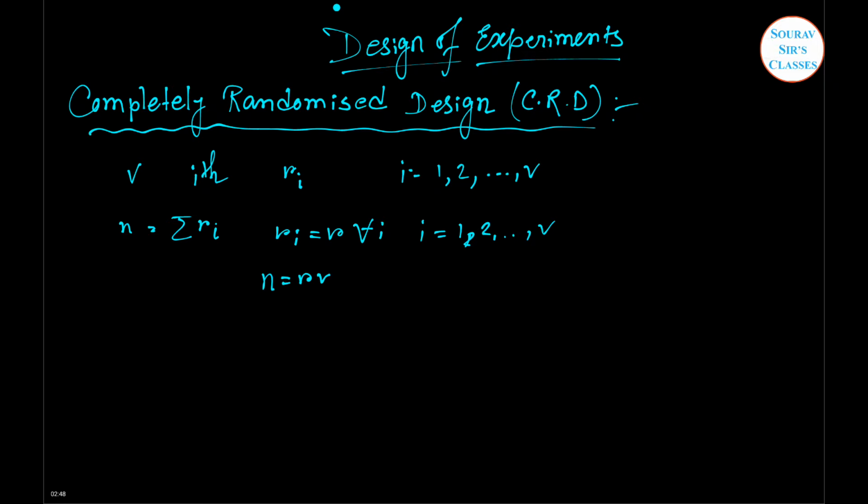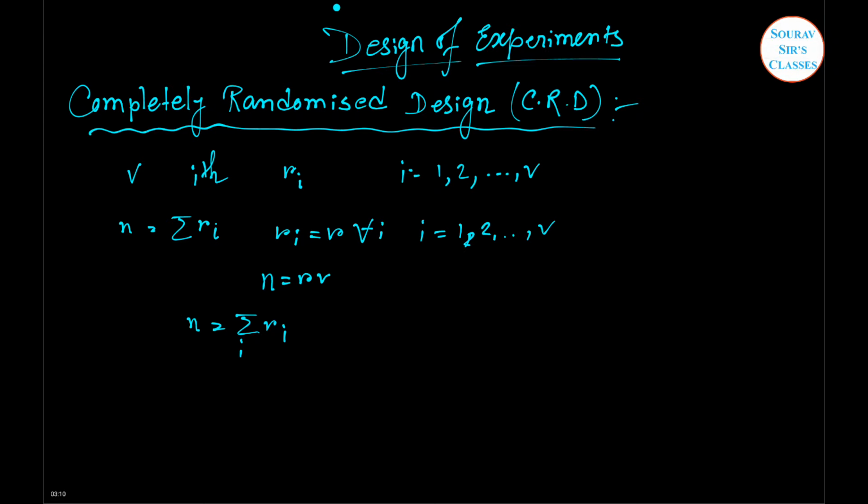For instance, suppose there are v treatments to be compared and we have n experimental units available. Let the ith treatment be replicated Ri times so that n equals summation Ri.